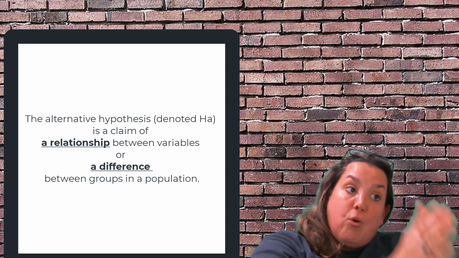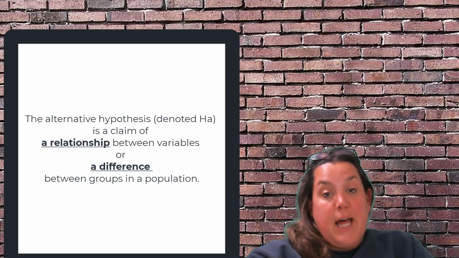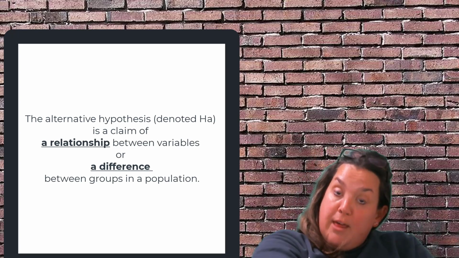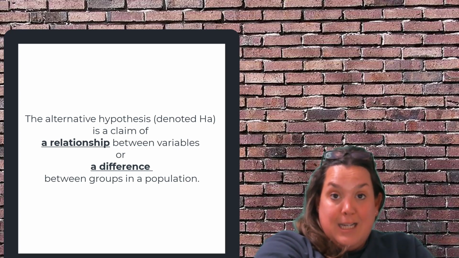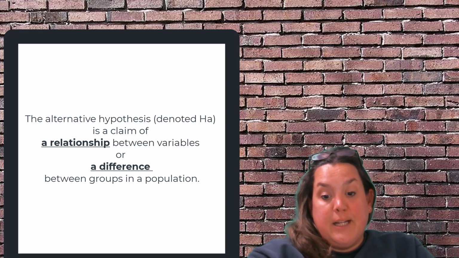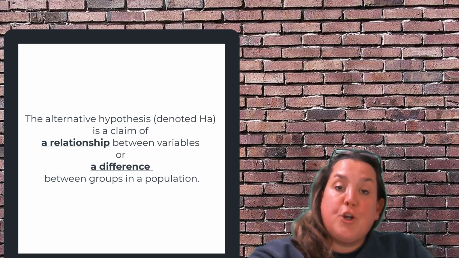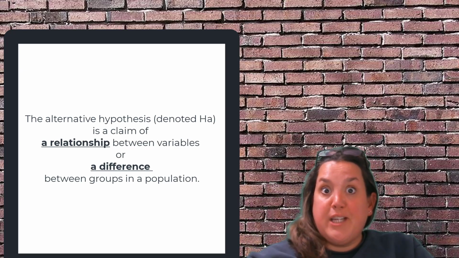If we go back to the courtroom setting, that would be like saying the accused did nothing, they're not guilty, or in other words, they're innocent. And the alternative is that they're guilty, they did something. There's evidence of something.